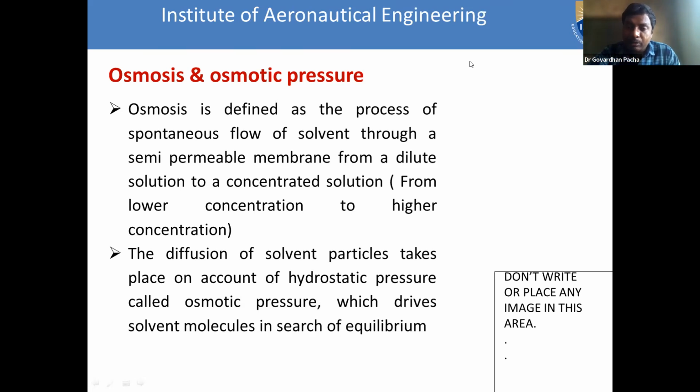Because of this movement, the diffusion of the solvent particles takes place on account of hydrostatic pressure. That hydrostatic pressure is called osmotic pressure, and its role is to maintain the equilibrium within the dissociated solvent particles.